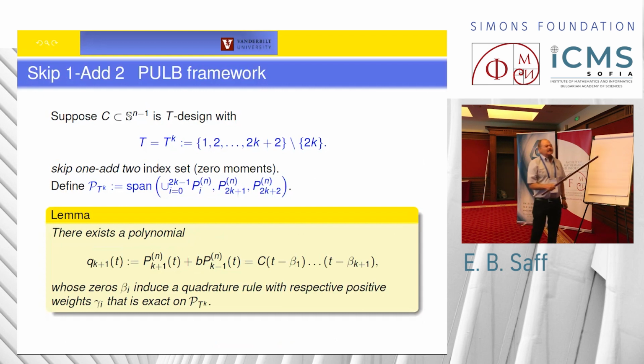So what are we doing? Here's the set T for our T design: we go from 1 to 2k plus 2, but we remove the 2k. In other words, we look only at the span of Gegenbauer polynomials up to degree 2k minus 1, together with degrees 2k plus 1 and 2k plus 2.